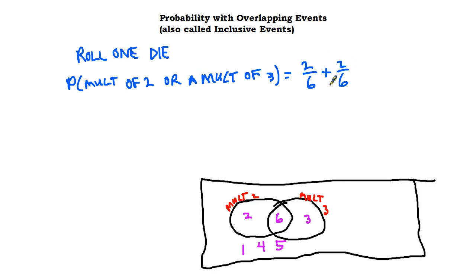So now there's only one little issue: if I stop right here, I'm going to get 4 out of 6. But the problem is that there's not 4 ways to get a multiple of 2 or a multiple of 3. There's only 1, 2, 3 ways. So what we have to do to fix this is subtract off the probability of getting both a multiple of 2 and a multiple of 3, and that is this 6 right here.